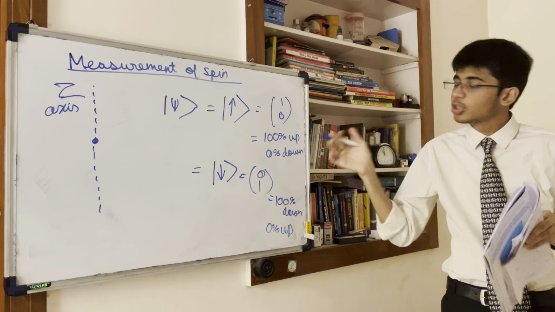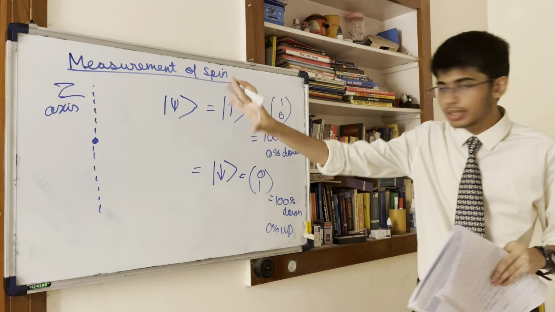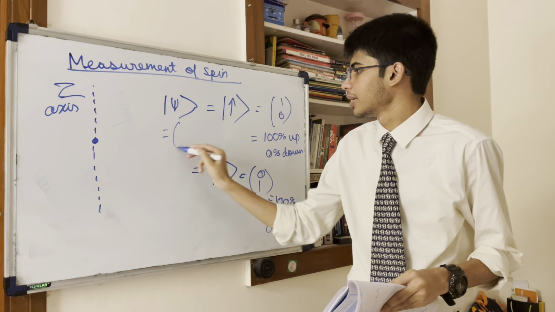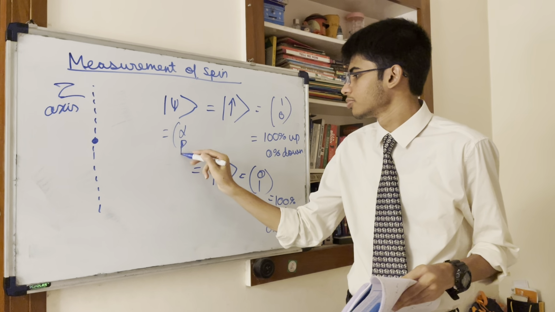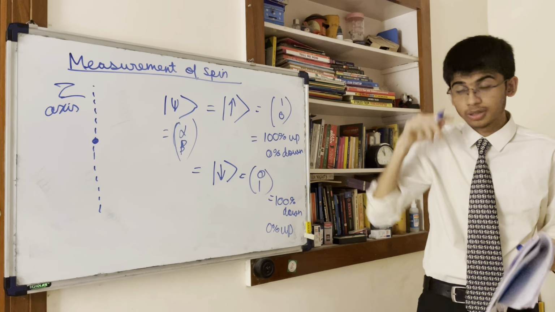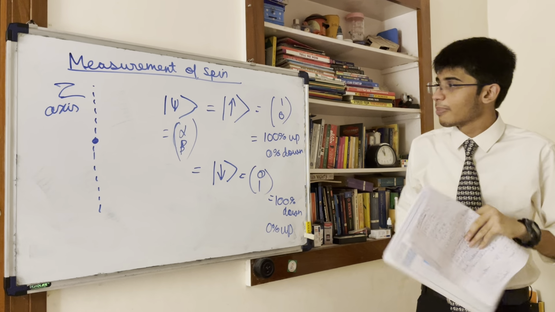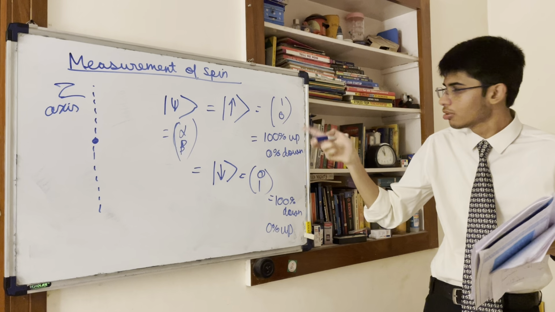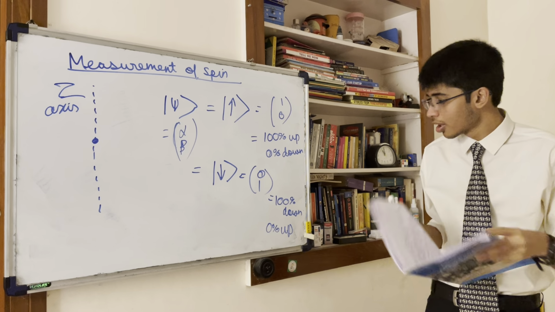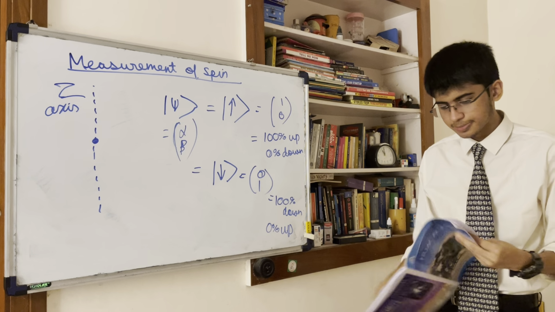So this is what I mean by when you measure spin, it becomes this. We can say this can be alpha, beta, that's just the notation of the spin vector. So if I measure spin up, it has to be 1 0, 100% up, 0% down, and if it is spin down, it is 0 1, 100% down, 0% up.